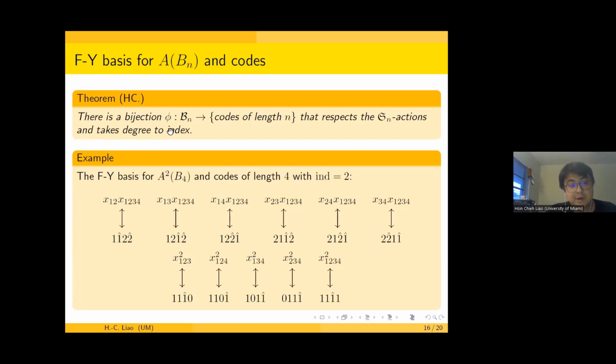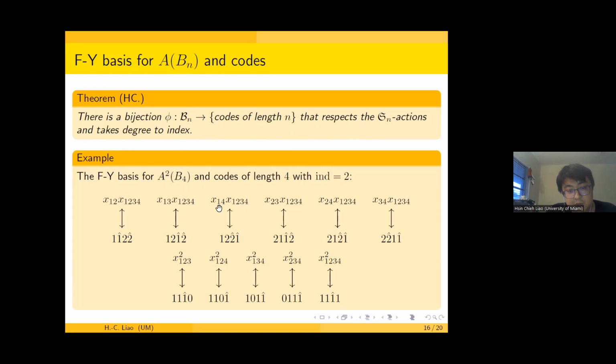So what we did is there is actually a very easy bijection between these monomial bases and the codes of length n we saw, and this bijection respects the S_n action on both sets, and it takes the degree to the index. These are the examples when the degree is 2 and n is 4.